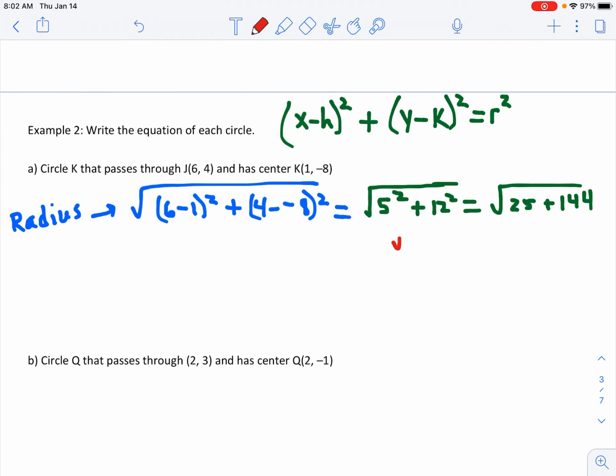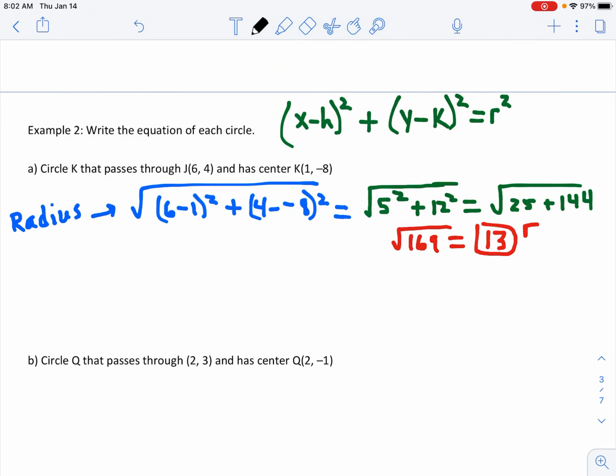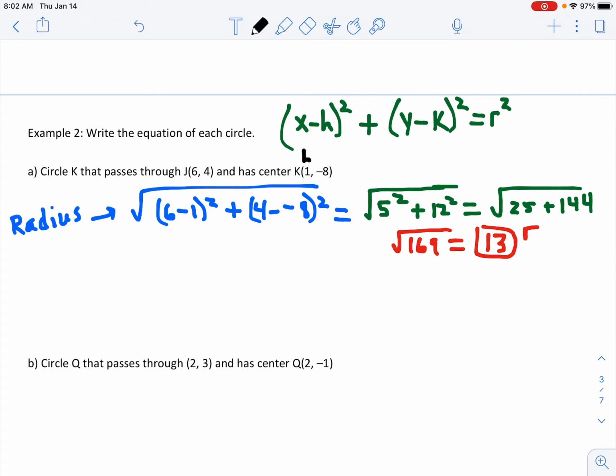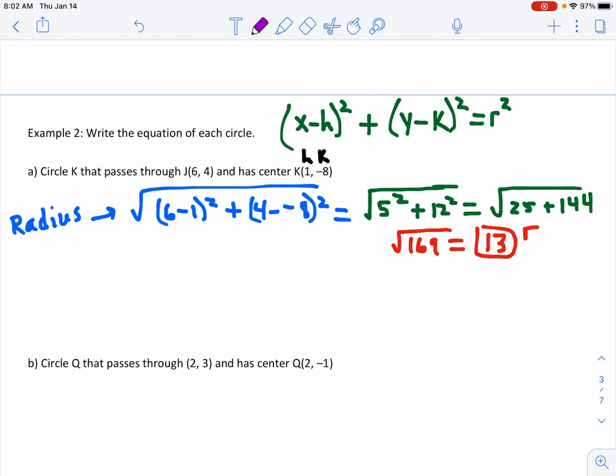All right, that gives us the square root of 169, which tells us 13. Now, that's just our radius, so I'm going to put a little r next to the 13. Okay, now let's take our radius and our center, h, comma, k, and write the equation of the circle and plug it into our equation up above.